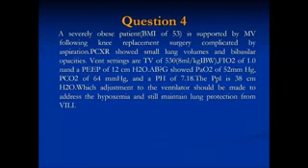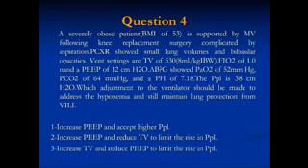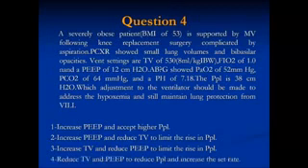His plateau pressure measured at 38. Which adjustment to the vent should you do to address the hypoxemia and maintain lung protection? You have the options of increasing PEEP and accepting a higher plateau; increasing PEEP and reducing tidal volume; increasing tidal volume and reducing PEEP; and reducing tidal volume and PEEP. So the answer is 1.